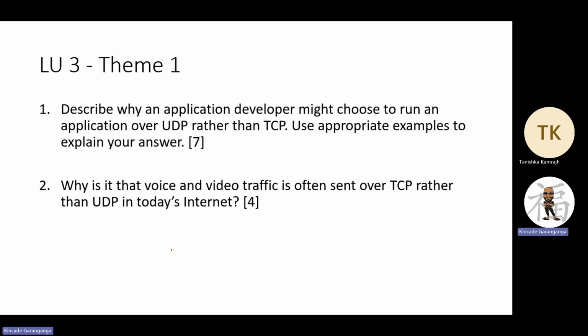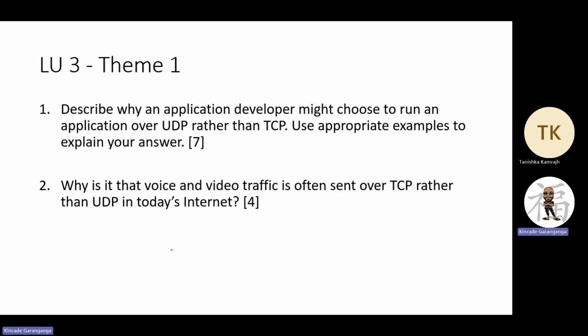But here we're getting a question which says that one that is not reliable, that is connectionless, that is effortless, that is a lot faster, but with no guarantee. In which environments would an actual application developer choose that over something that is guaranteed, over something that is reliable? And then obviously we need to have specific examples.